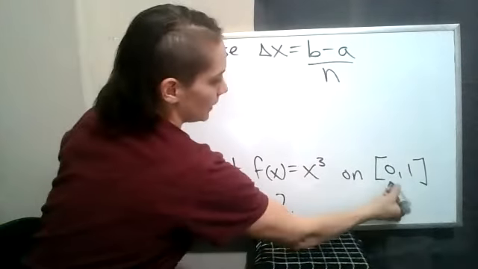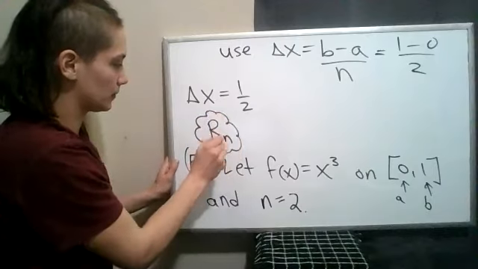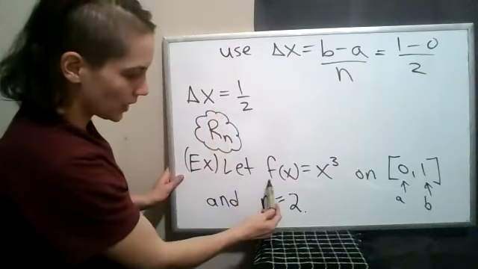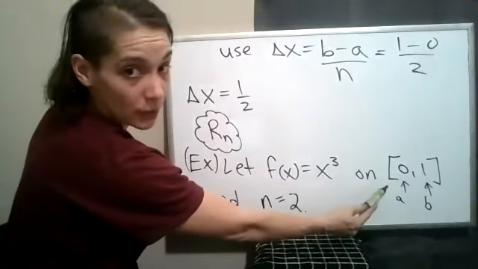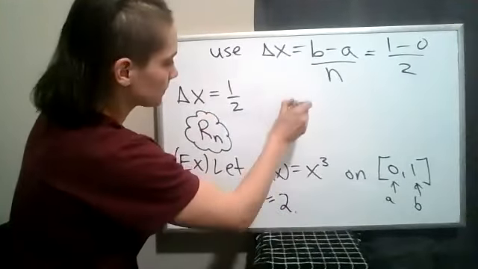So first one we're going to do is right hand endpoints. We'll sketch this function from 0 to 1. X cubed kind of goes through the origin and then swoops up.